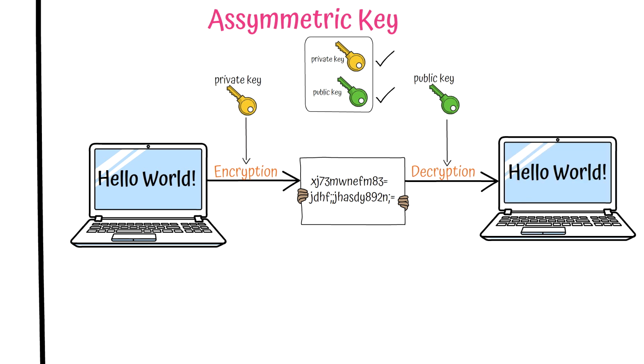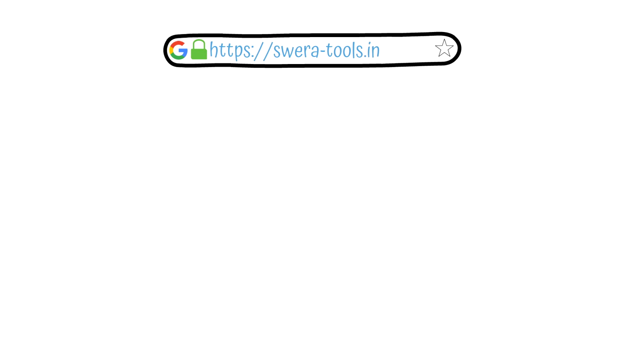SSL uses the asymmetric algorithm to initiate the communication, which is known as the SSL handshake, whereas SSL uses the symmetric algorithm using the session key after the initial handshake is done. Let's discuss this more. When you visit sweratools.in in your browser, your browser displays a lock in the address bar.